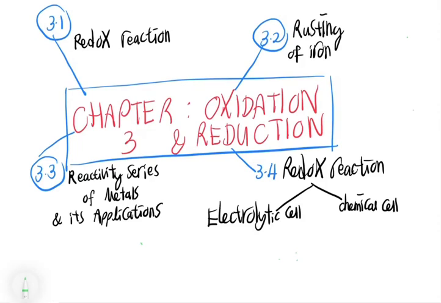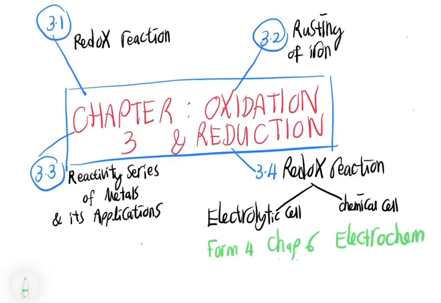Basically, the electrolytic cell and chemical cell were already taught in Form 4, Chapter 6, Electrochemistry, so I will not reteach this topic. Rather, I will only connect what you already know with oxidation and reduction.